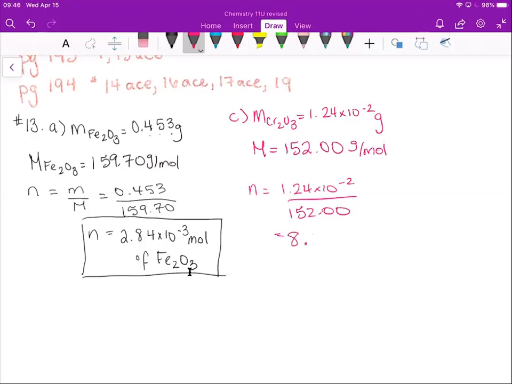And I get 8.16 times 10 to the minus 5 mole of Cr2O3.